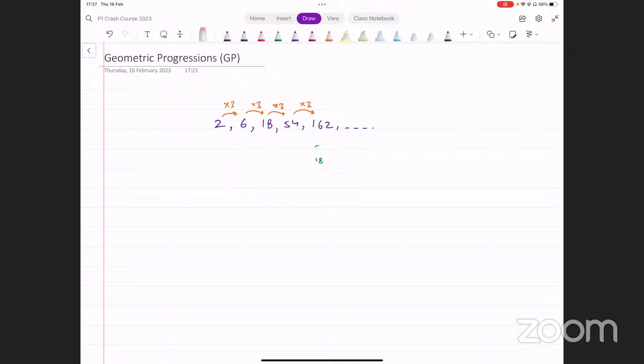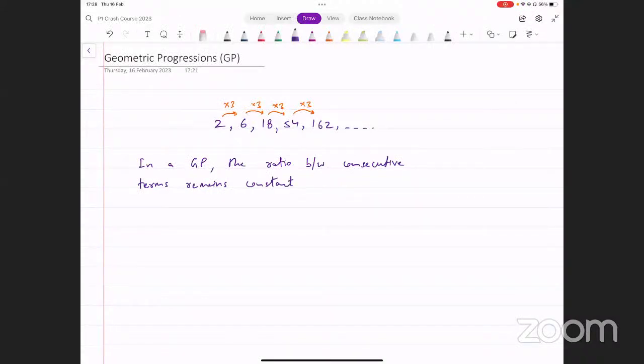All right. So how do you describe a geometric progression is, you say in a GP, in a geometric progression, the ratio between consecutive terms remains constant. Right, so the ratio between consecutive terms in this case is 3.